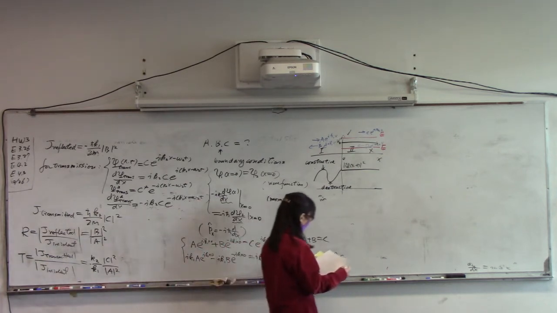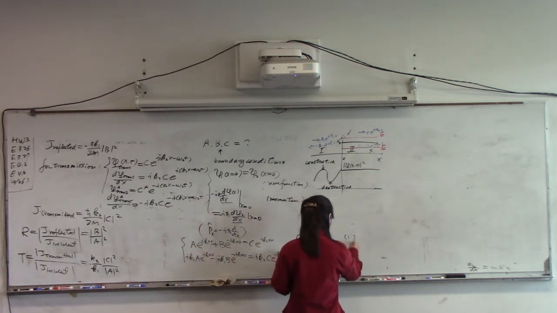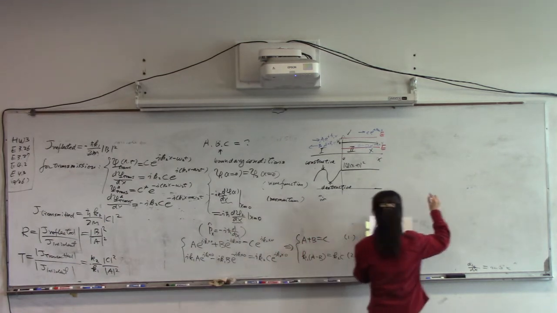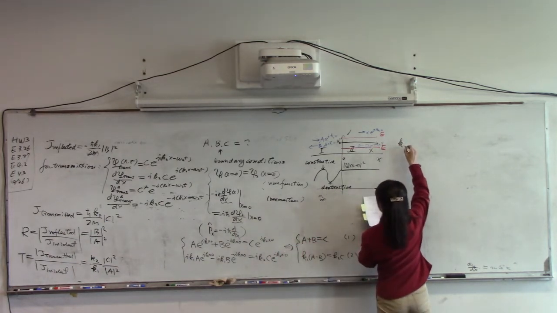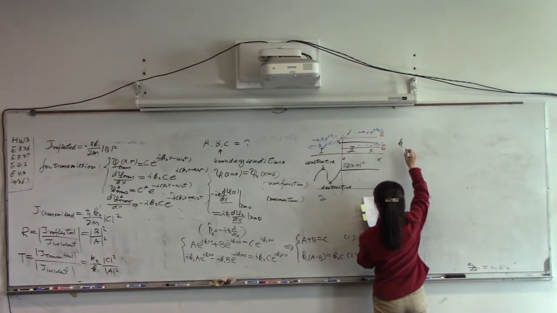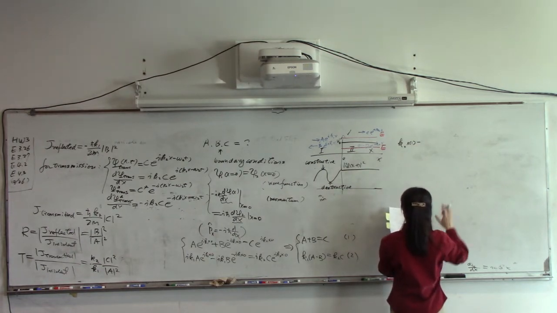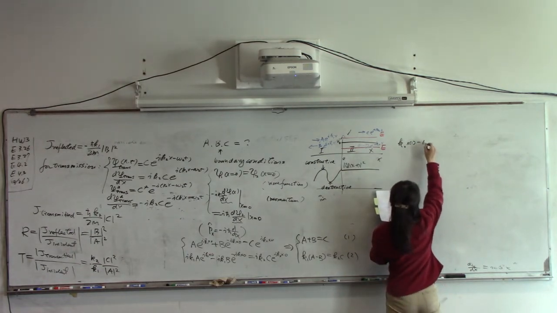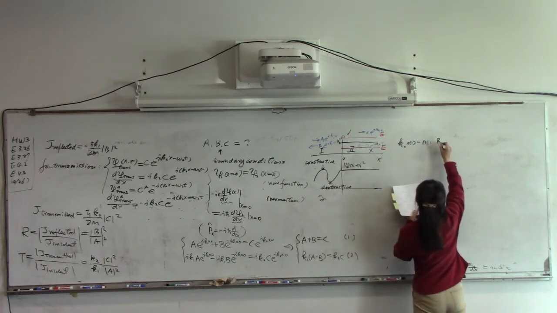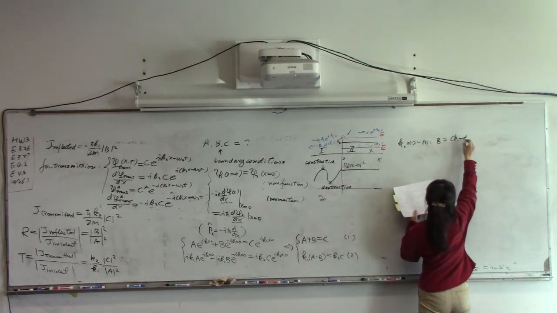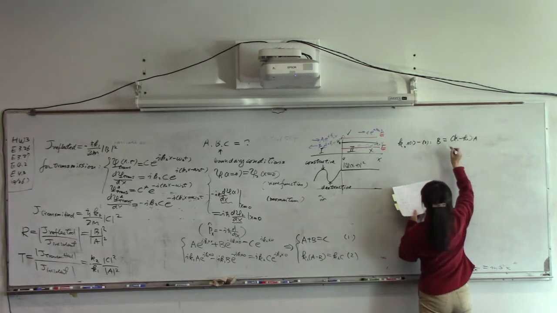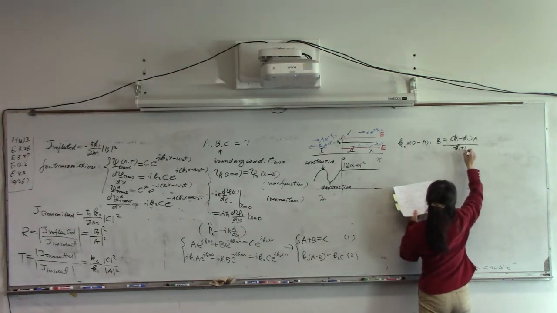So now let me give you an easy way. If I say this is equation 1 and this is equation 2, then multiply by k2 and subtract equation 2, you have b equal to (k1 minus k2) a over (k1 plus k2).